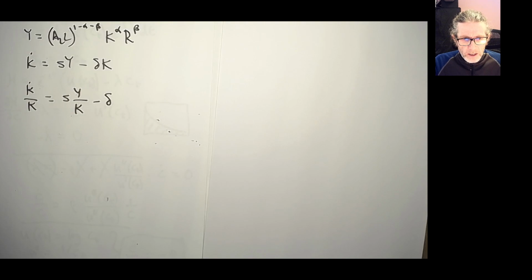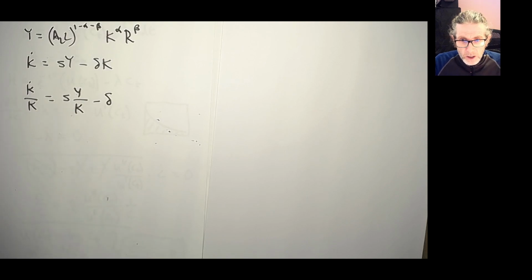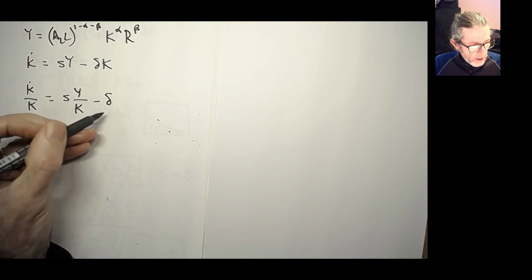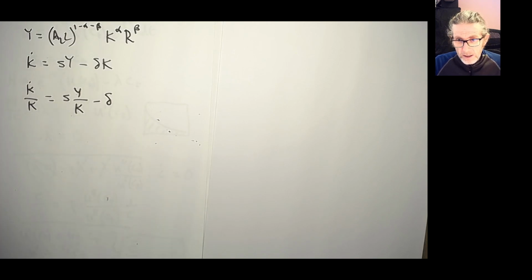So what does the balanced growth path look like? On a balanced growth path, we know that K dot over K must be constant. It's not necessarily zero, but it must be a constant. Delta is constant, so that means that Y over K must be constant. If a ratio of two things is constant, that must mean that they're growing at equal rates, right?